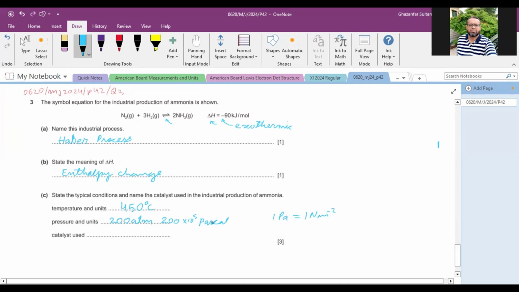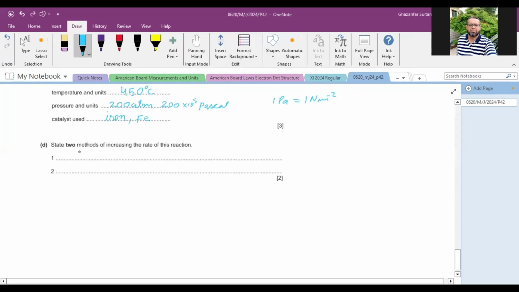And now the catalyst used is iron. You can name the catalyst, or you may write the symbol of the catalyst, any of these.